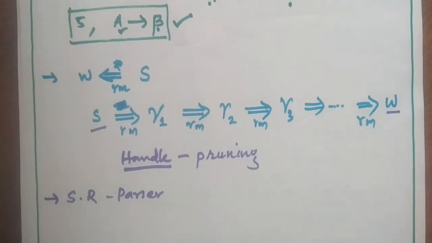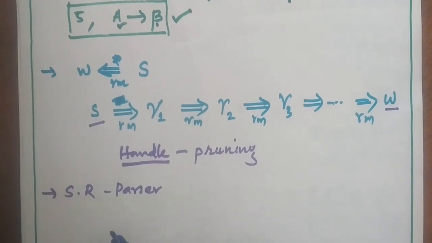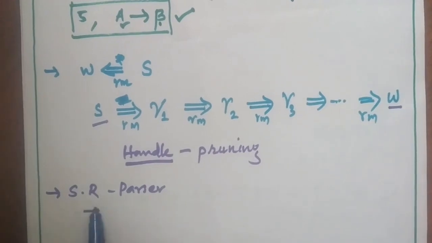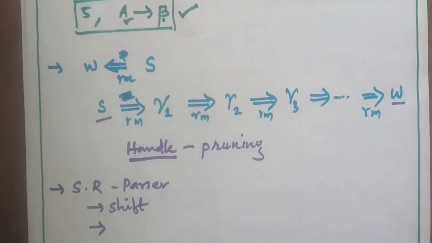The shifting operation shifts an input symbol from the input buffer onto the stack. The reducing operation identifies the substring called the handle, which appears at the top of the stack, and that handle is replaced by the head of the production, in order to obtain the just previous right sentential form. That is called the reduce operation.